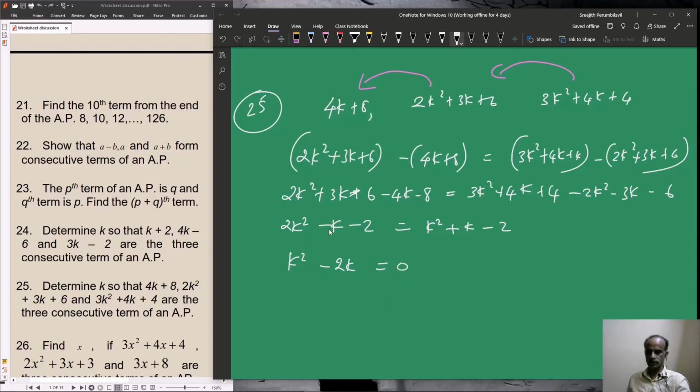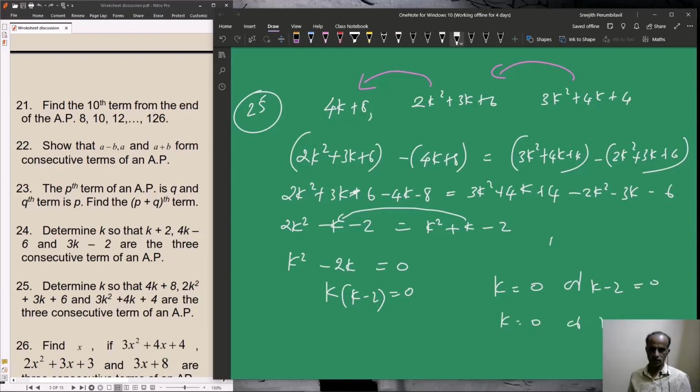So k square minus 2k equal to 0. K into k minus 2 equal to 0. So k equal to 0 or k minus 2 equal to 0, because the product of two numbers is 0. So k equal to 0 or k equal to 2.